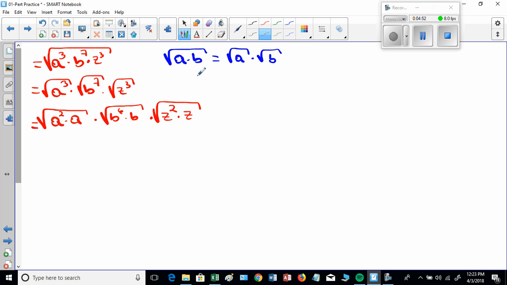Now we're going to apply again this property right here, and we're going to separate them a little bit more so we can basically make it simpler to simplify.